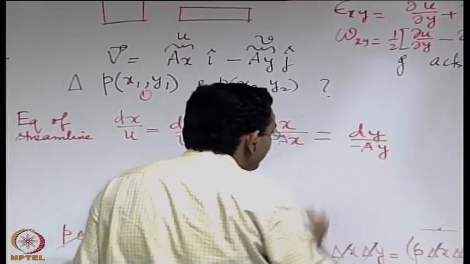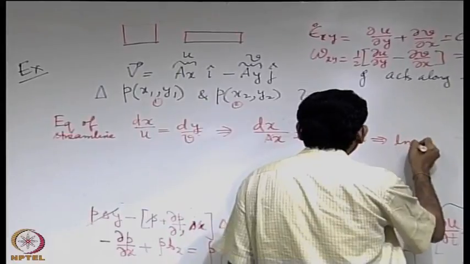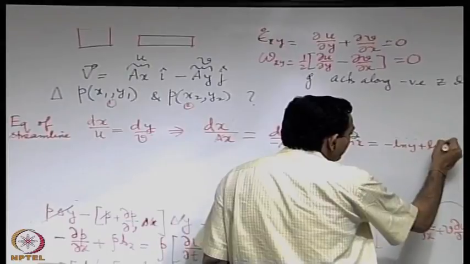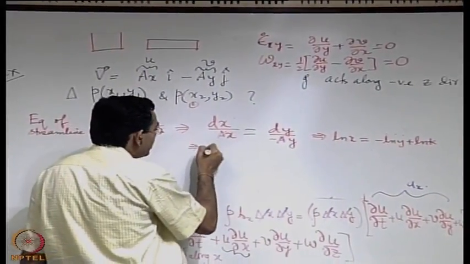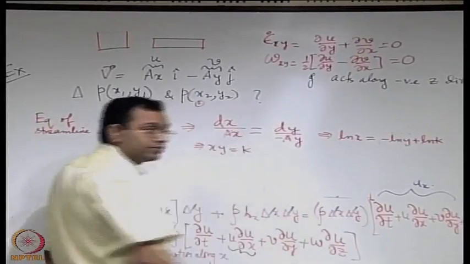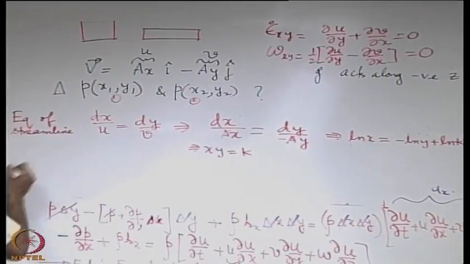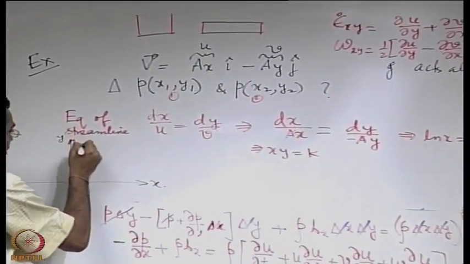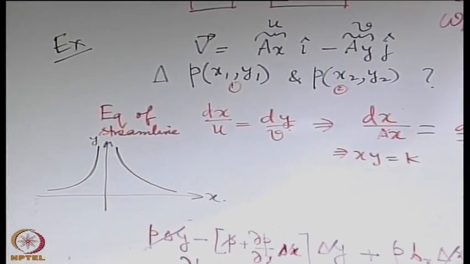A is not equal to 0, you can cancel that, and if you integrate it you will get ln x is equal to minus ln y plus a constant, let us say ln k. So this gives an equation of the streamline of the form xy equal to k, which is like a rectangular hyperbola. That means if you consider this as x axis and maybe this as y axis, it is possible that you have your streamlines in this way.